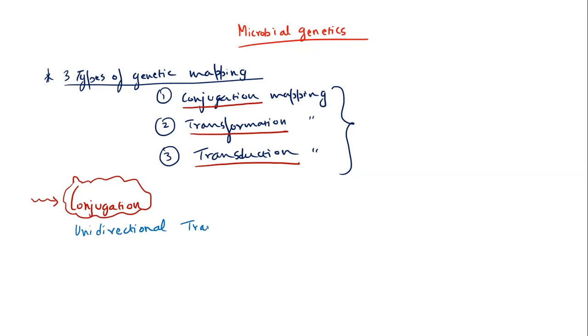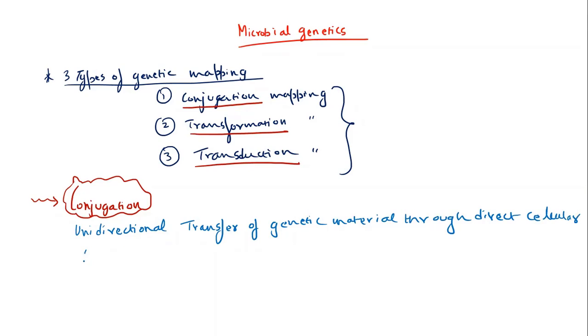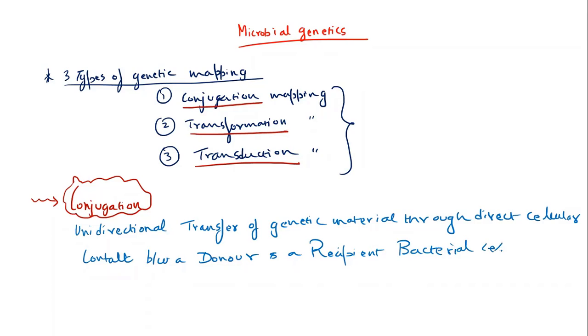Yes. Unidirectional transfer of genetic information? So quickly write, everyone: unidirectional transfer of genetic material through direct cellular contact between a donor and a recipient bacterial cell.